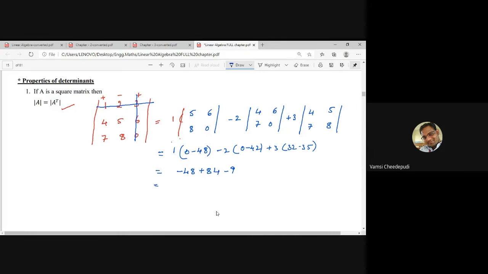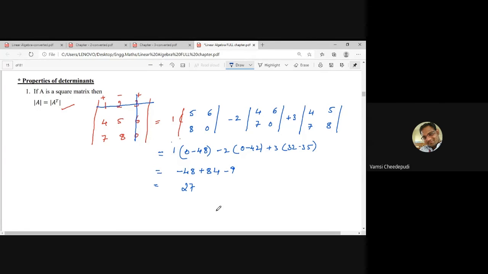Then let us find out finally what my answer should be. 84 minus 84 minus, it should be 55, I think here 27. Then the determinant of the matrix is 27.